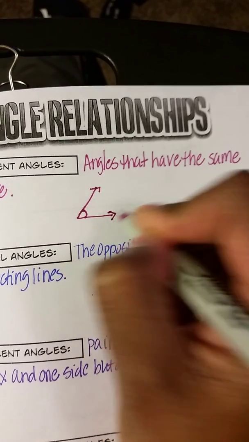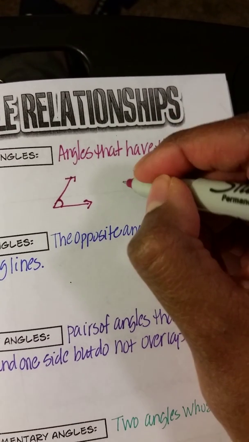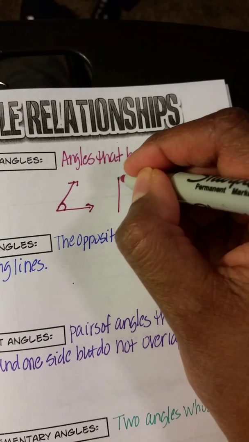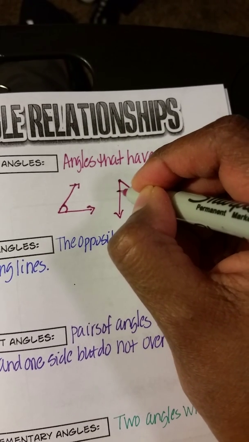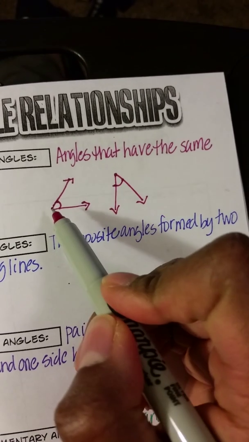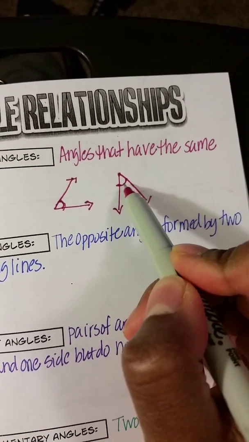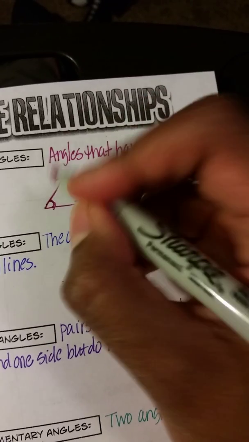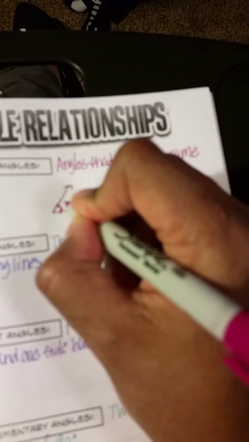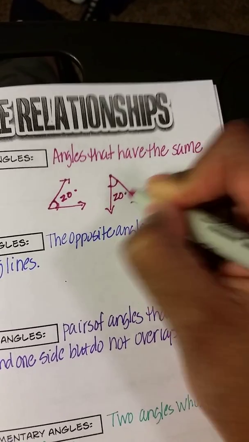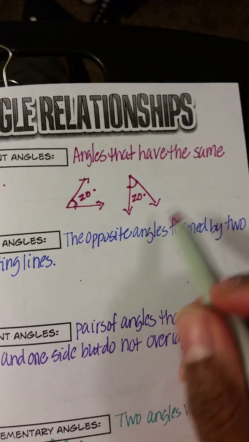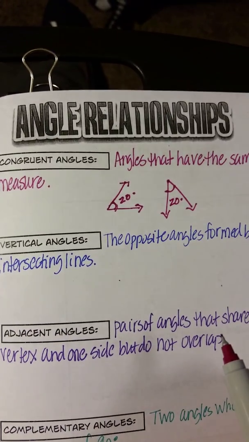We have that angle, and I'm going to draw this one going this way. But I can tell it's congruent by that little symbol there. So these are going to be equal. I could say this is 20 degrees, and I could say this is 20 degrees. These are congruent angles because they have the same measure.